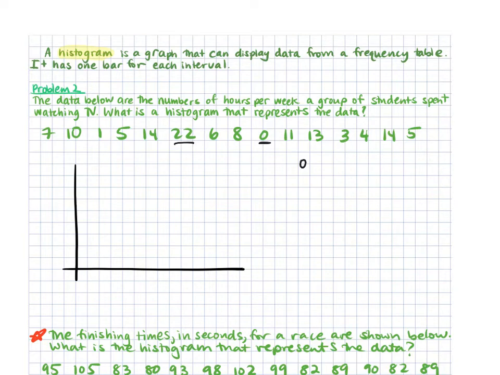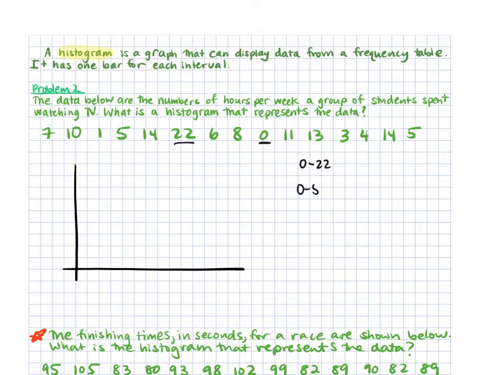So we need to go from 0 to 22, and there are actually 23 elements, right? Because 0 counts as 1. So let's do 24, and let's go by 6s. Let's do 4 groups of 6.